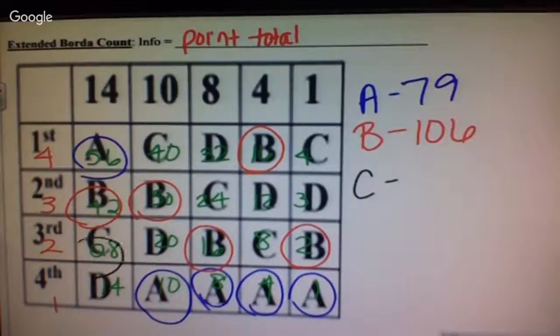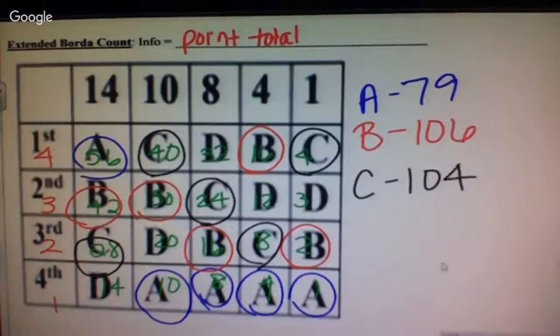C gives us 28, and 40 is 68, 92, 100, 104. And then finally, D is my 14 and 20. So 34, 66, 78, 81.